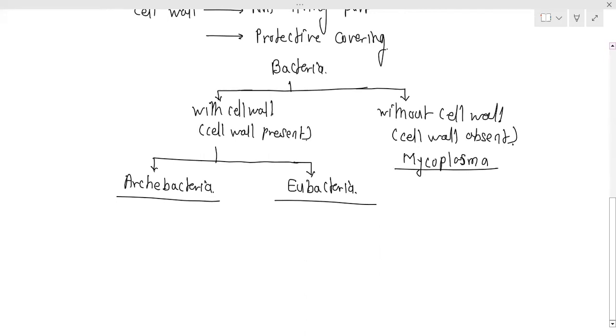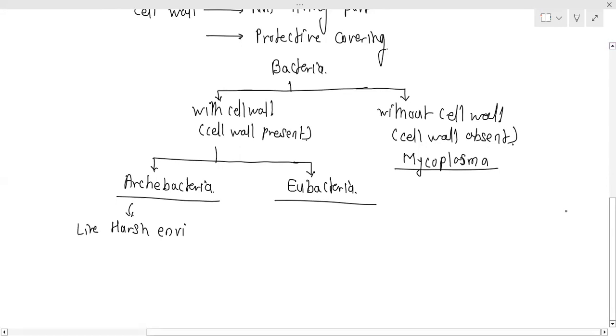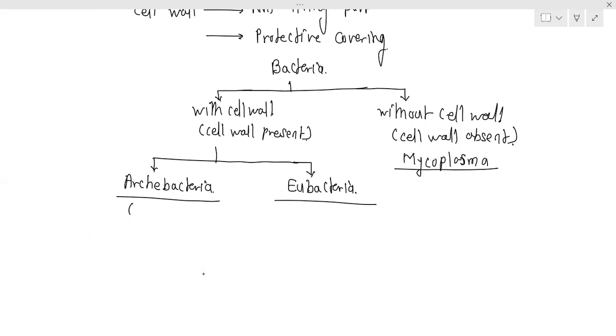Archaebacteria are the ones who live in harsh environmental conditions.